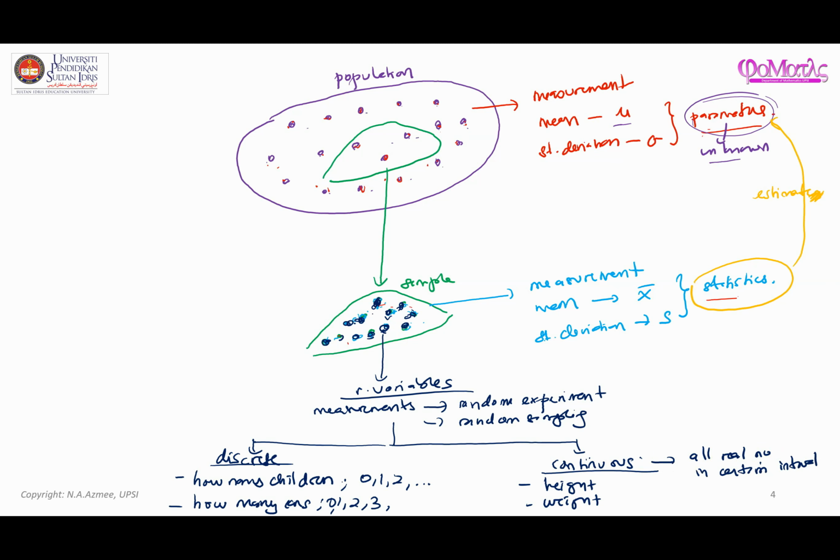For example, if you talk about weight, it can have infinitely many possible values. Some people can say my weight is 53.7. Some might be even more precise, 53.75. Some might say my weight is 53.0. So those are infinitely many possible real numbers in a certain interval.